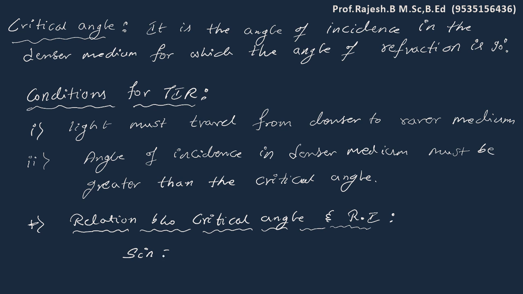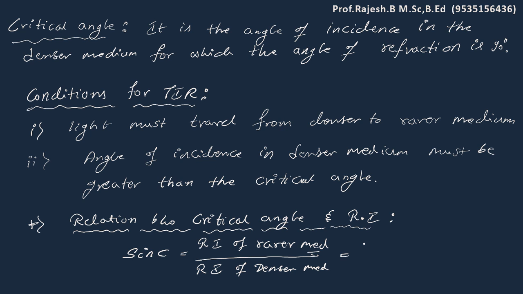Sin C is equal to the refractive index of the rarer medium divided by the refractive index of the denser medium. We can write this as n2 by n1.